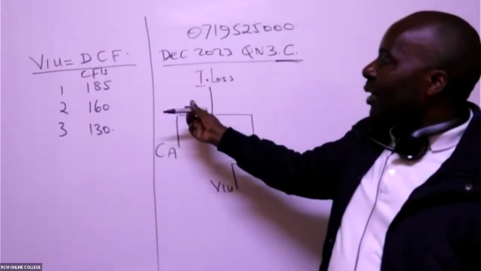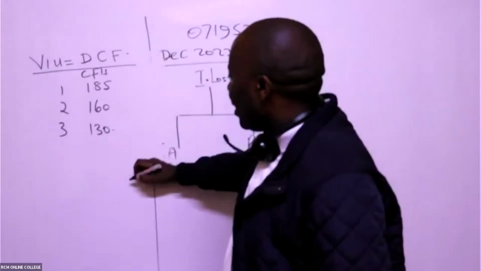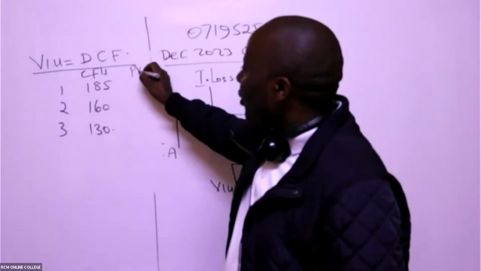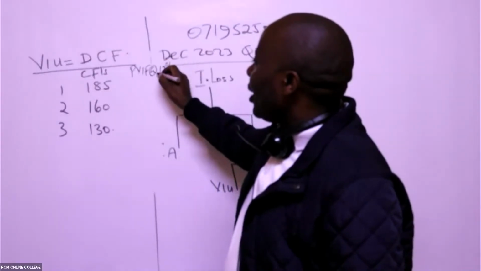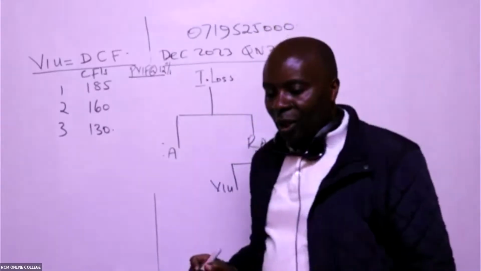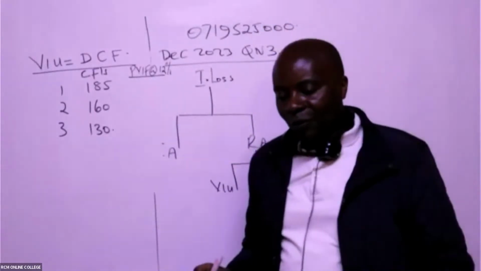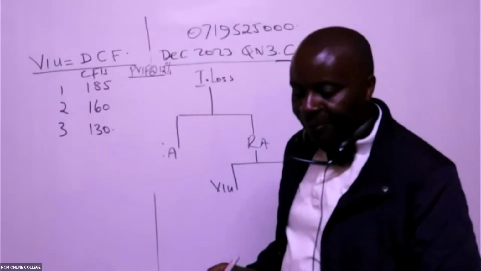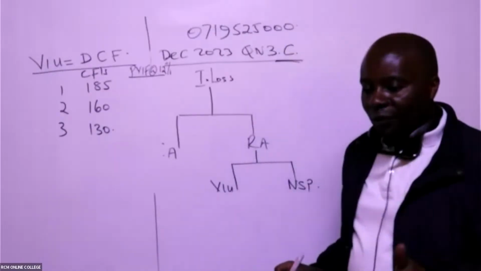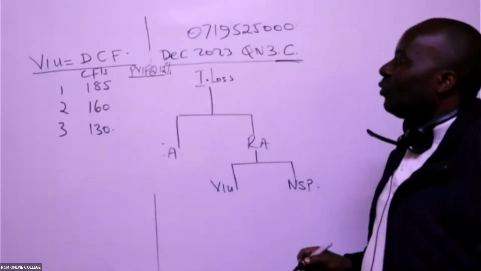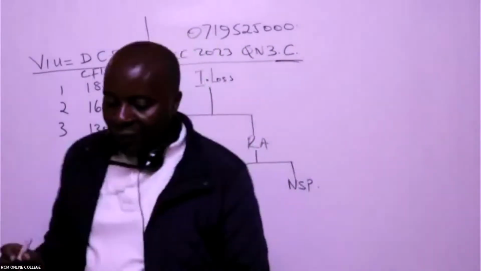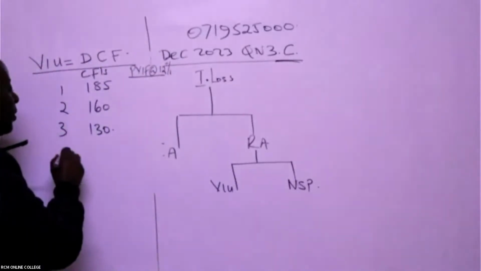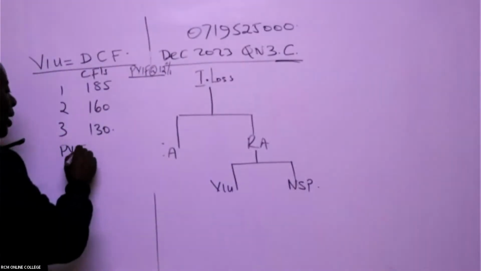So please come and use PV, at what cost of capital? At 12%. If it is PV that they want me to use, my friends, I know the formula.